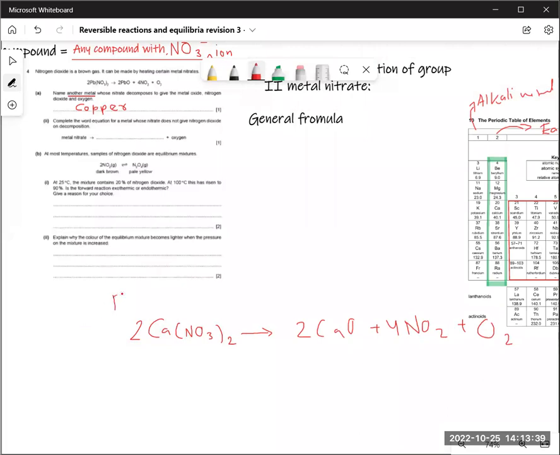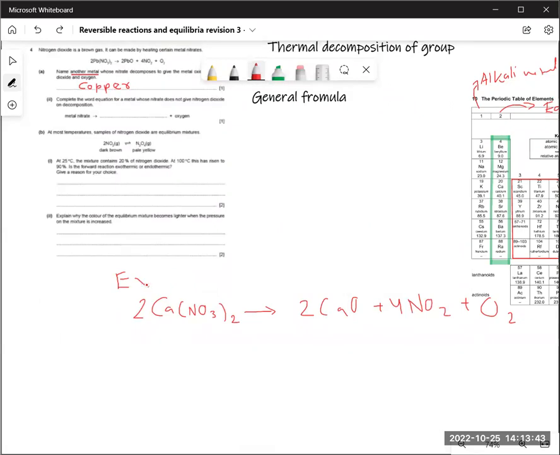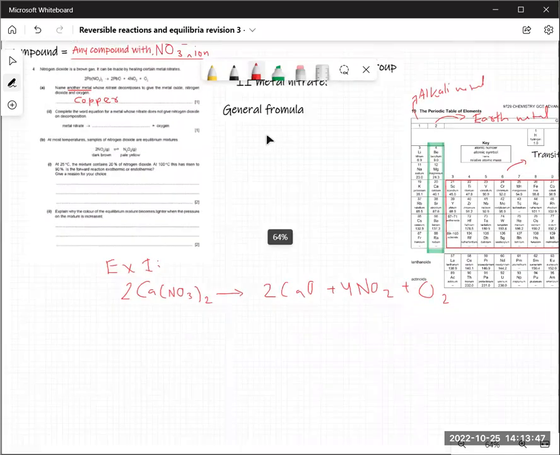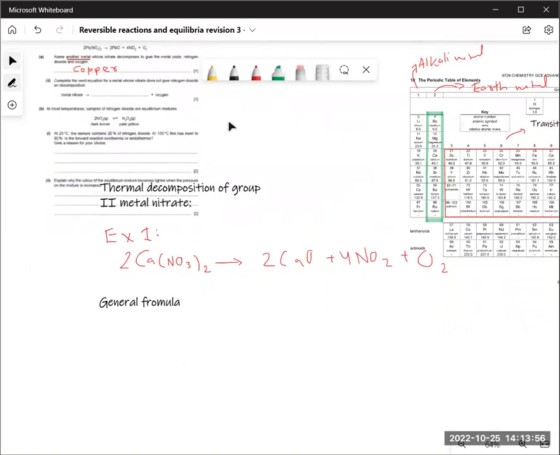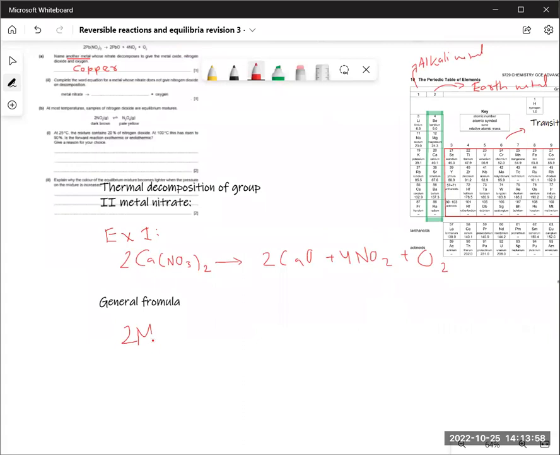Anas, write this down as example number 1. Just below the general formula, write the example, and below that we'll write the general formula, which is 2MNO3 gives 2MO plus 4NO2 plus O2.